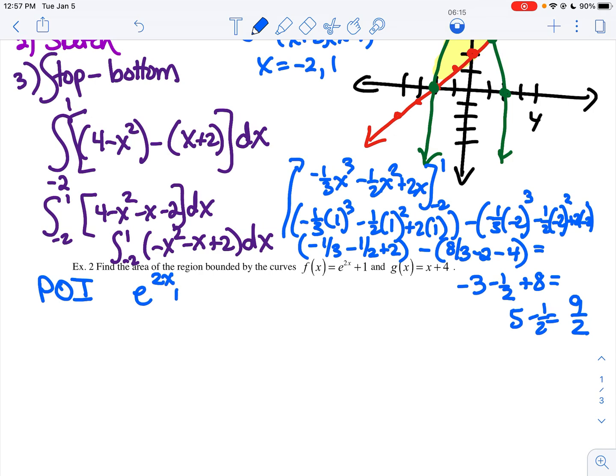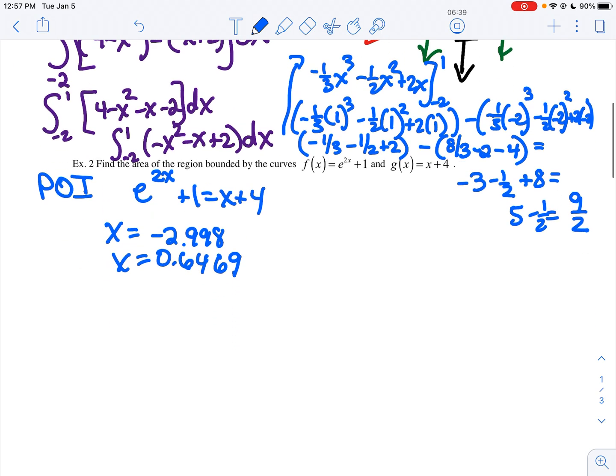Like there's no way to algebraically solve that, okay? So I put it on the graphing calculator, and I want you to give me your 2 points of intersection. I got negative 2.998 and 0.6469.